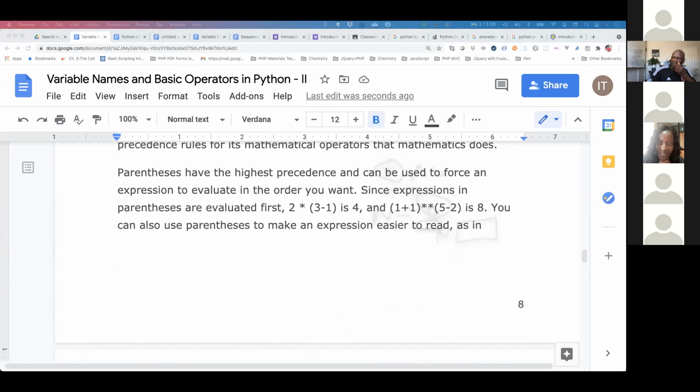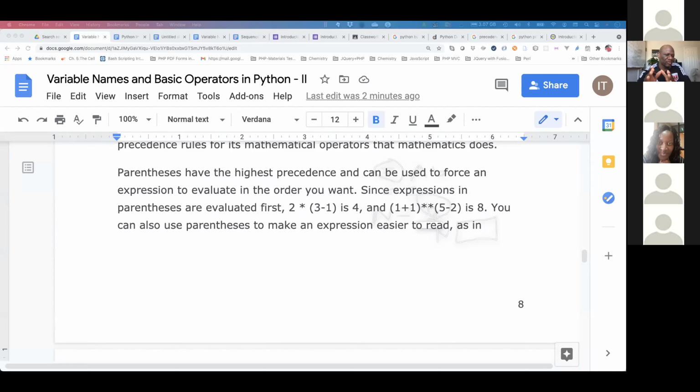Then the second part is, you talked of the left associativity. You said our rule changes with operators that have the same precedence, like multiplication and division.